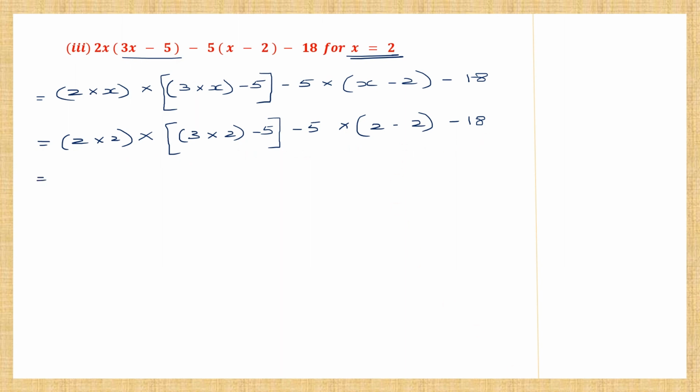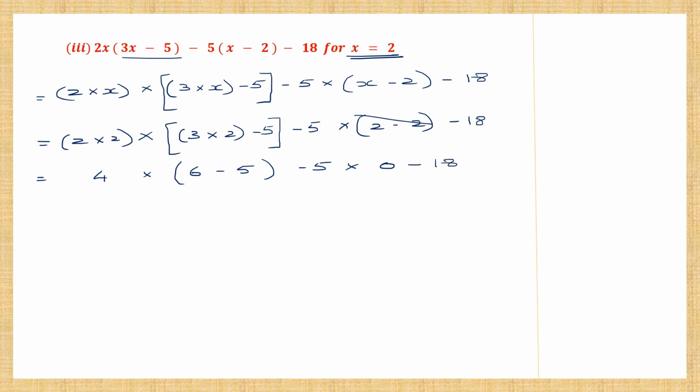So here 2 2s are 4 into, in brackets we continue, 3 2s are 6 minus 5, close brackets, minus 5 into 2 minus 2 is 0. So this is cancelled. So straight away we go to minus 18. So let's write 0 here and then minus 18.